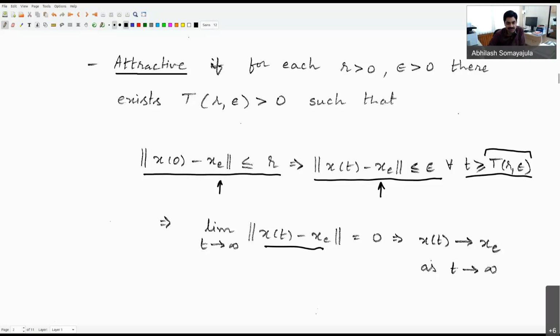All I am saying here is simply that the equilibrium point is attractive in nature. How attractive it is, whether exponentially or asymptotically, I'm not talking about that just yet. I'm going to talk about that in a little bit. Here I'm only talking about the idea that it is attractive.